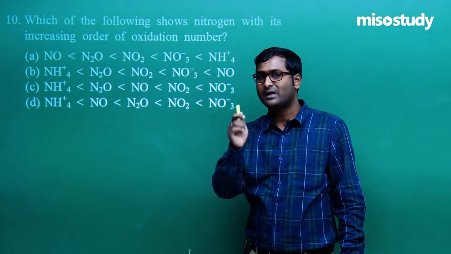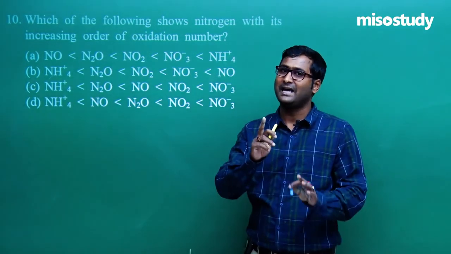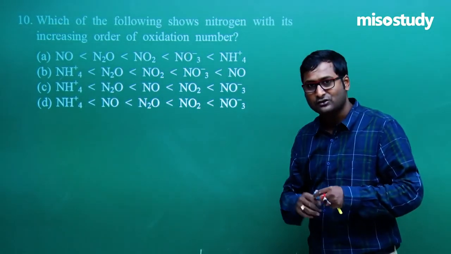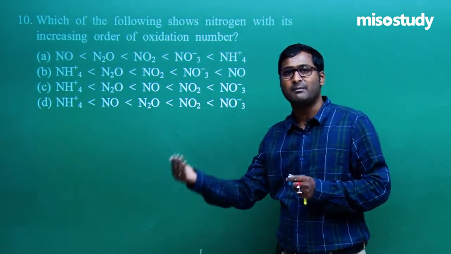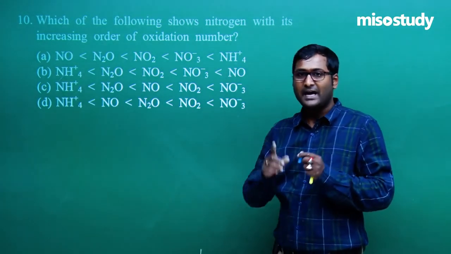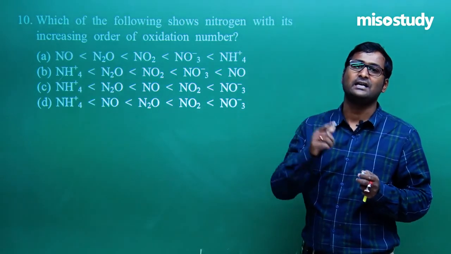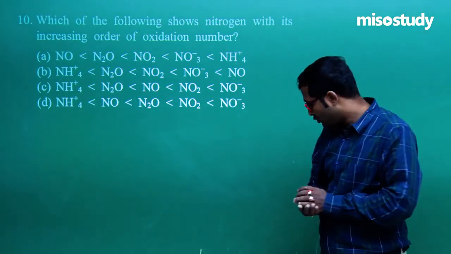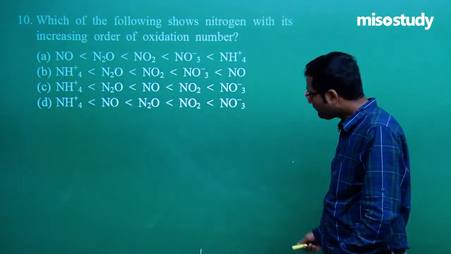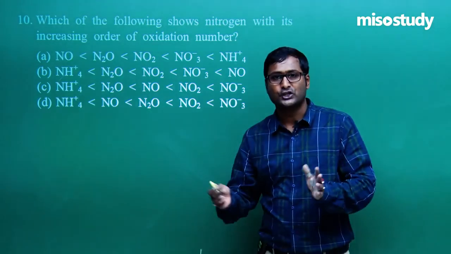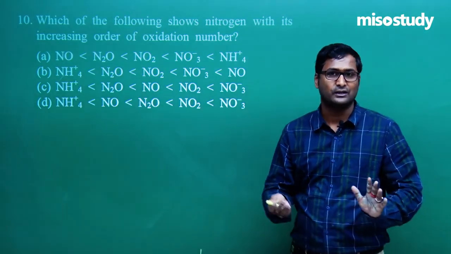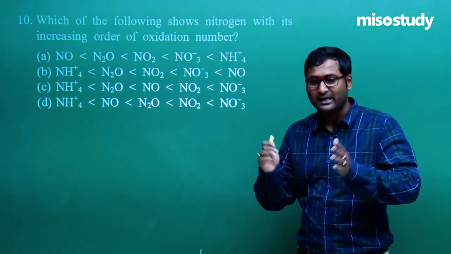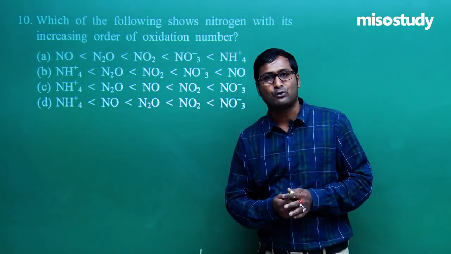If anyone asks you what is reduction, that is the gain of electron. In case of an oxidizing agent, there is a decrement in oxidation state. In case of a reducing agent, there is an increment in oxidation state during the reaction. Clear to you? So I think now you can easily solve questions related to redox reactions. If you have any doubt, you can easily approach me.